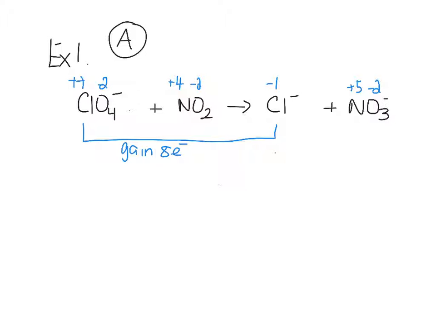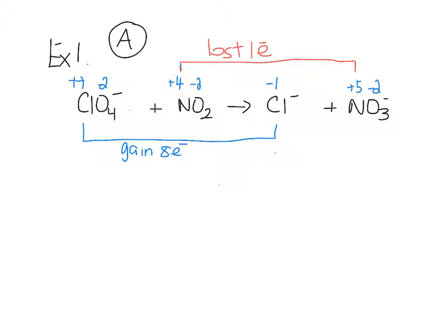All right. So nitrogen is the... Because it went from a +4 to a +5. So it lost... How many electrons did it lose? Yeah, lost 1 electron. Okay.